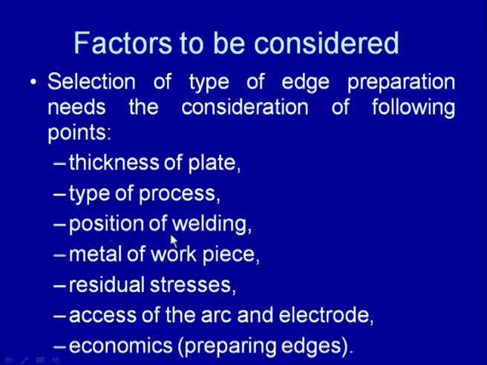And the position of welding affects the tendency of the weld metal to fall down, which will dictate which type of groove should be used, so that this tendency can be reduced.